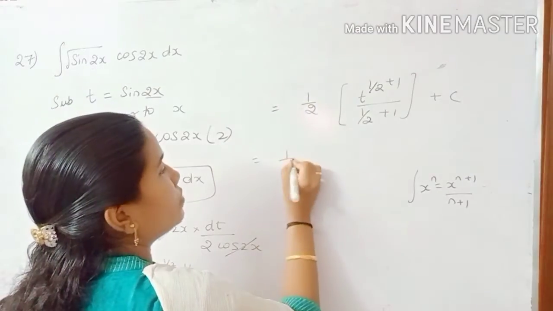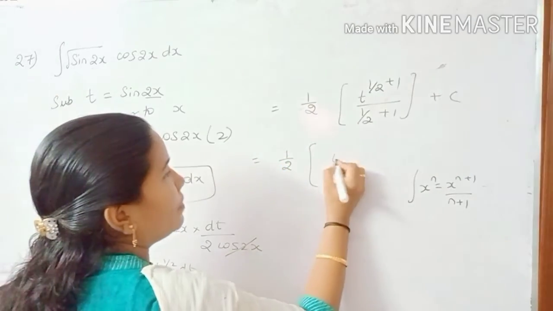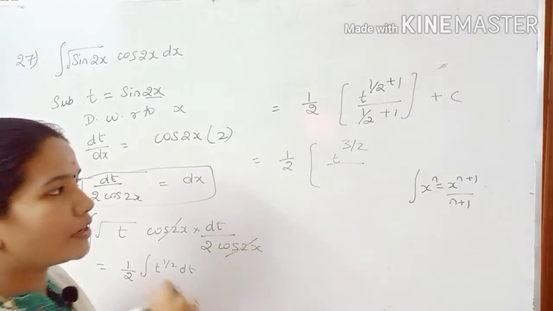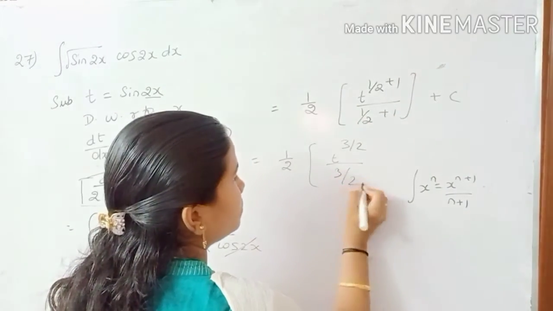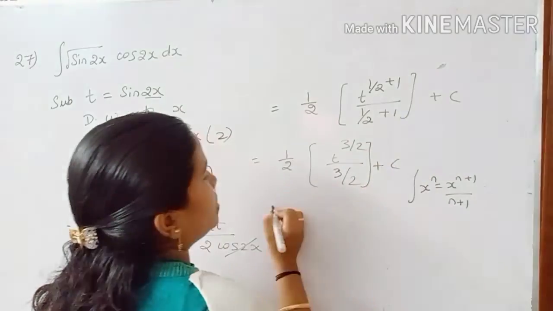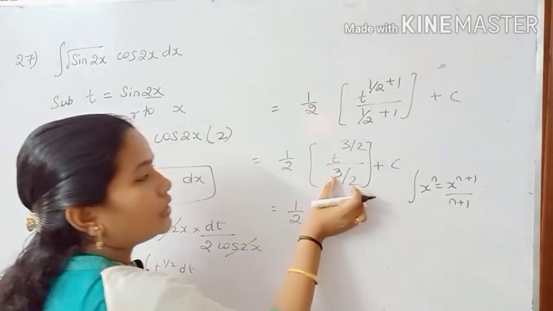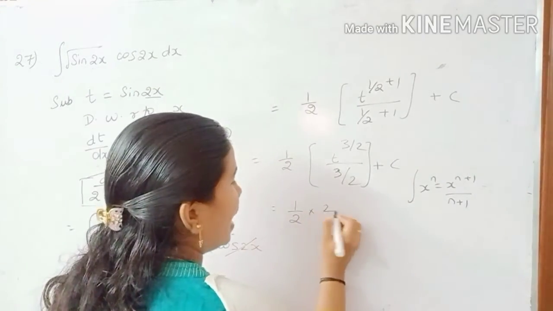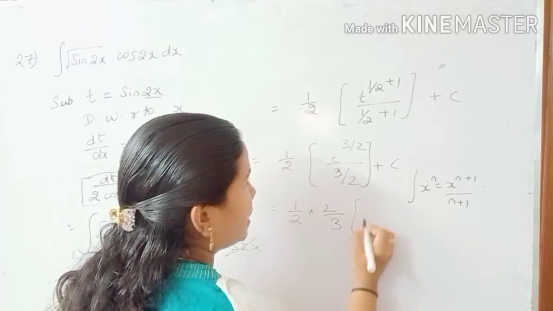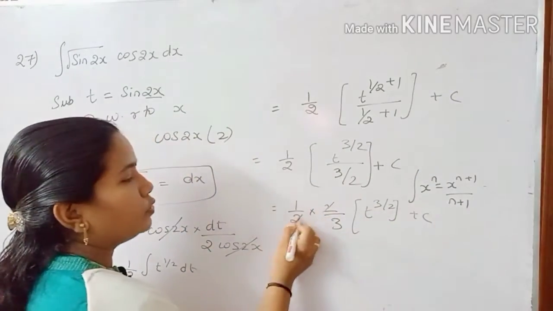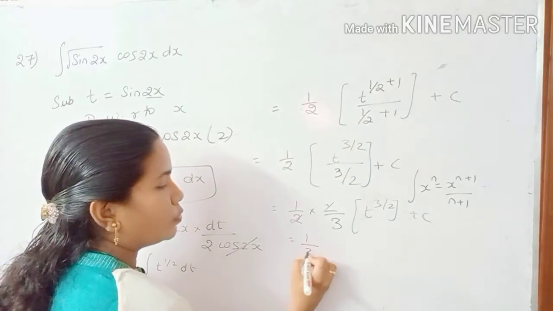Half plus 1 gives 3 by 2. So this equals 1 by 2 times, since 3 by 2 in the denominator becomes reciprocal, 2 by 3 t power 3 by 2 plus c. So 2 and 2 get cancelled and we are left with 1 by 3.